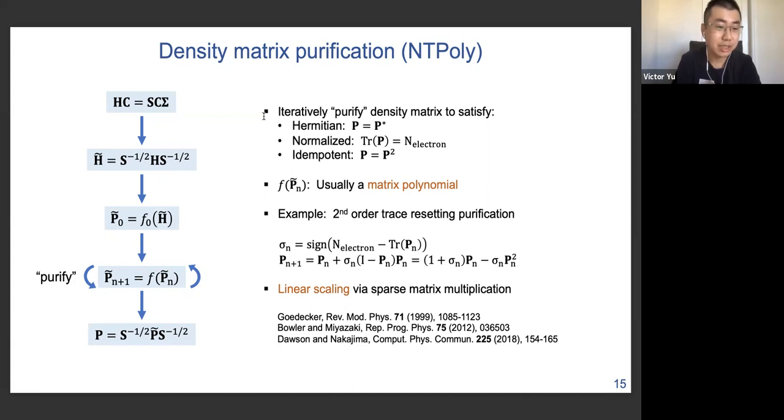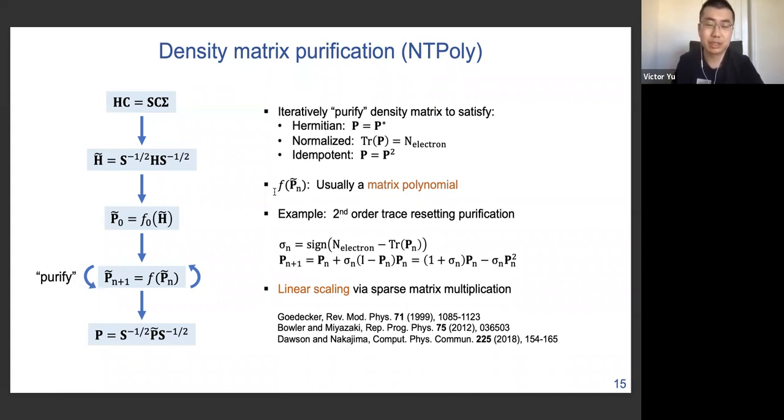The idea is similar to PEXSI. Instead of solving the eigenvalue problem, we express the density matrix as a function of the Hamiltonian matrix. Here, instead of an expansion, it uses an iterative method to purify the density matrix until it satisfies the known conditions of the exact density matrix.